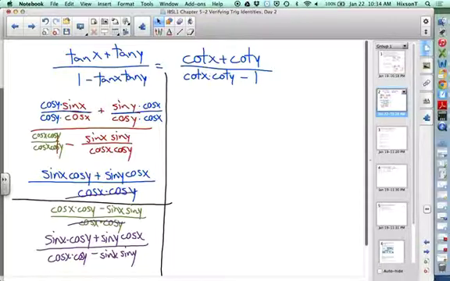The 1 minus, we used this denominator and just used it as a form of 1 to replace the 1. We will learn that later on in this chapter.